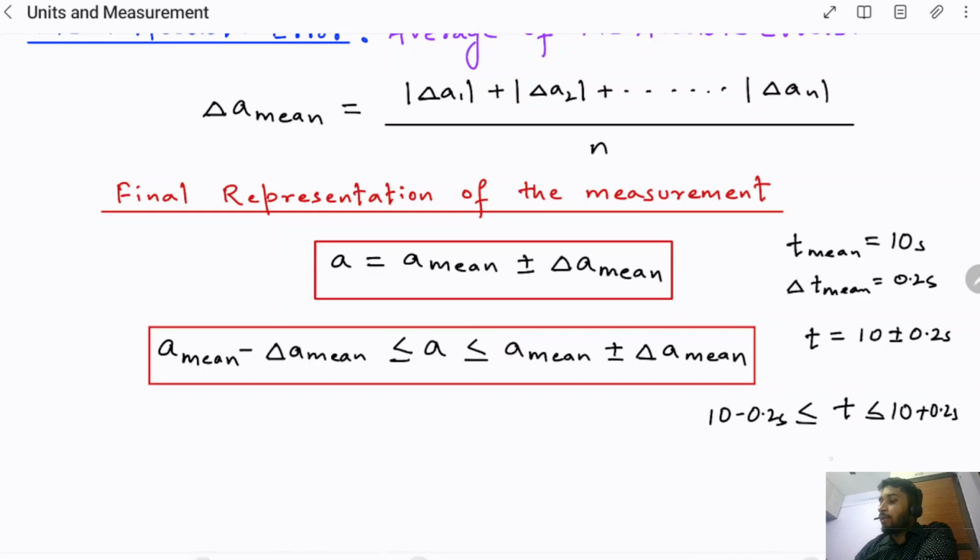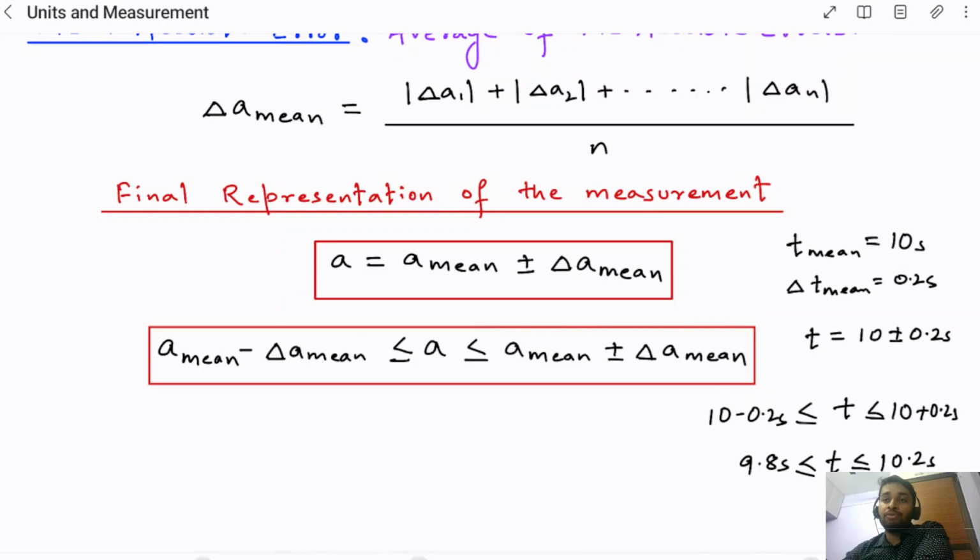Meaning the time taken by that object to hit the ground will be somewhere between 9.8 seconds to 10.2 seconds. So I cannot tell him the exact value of time, but this is the range in which the time will be lying. So accordingly he needs to utilize the data.